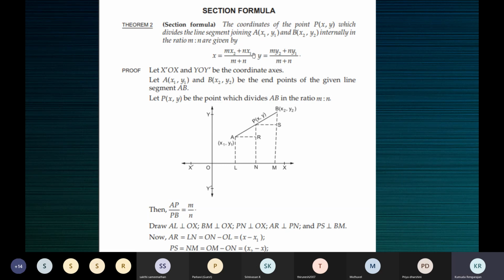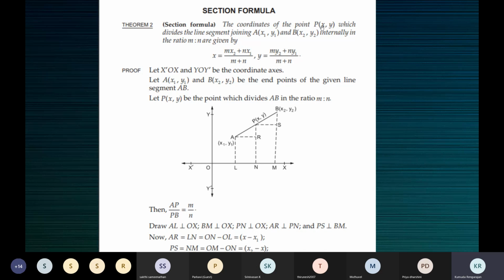So you can see, to find the x coordinate of P, x1, x2 and the ratio m is to n are used. To find the y coordinate of P, y1, y2 and the ratio m is to n are used. See here m, n, y1 and y2.